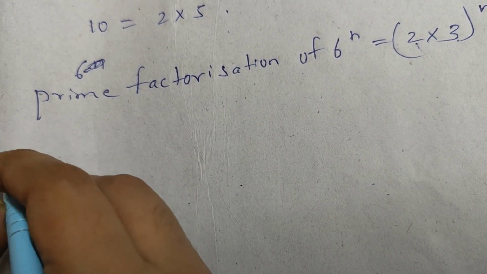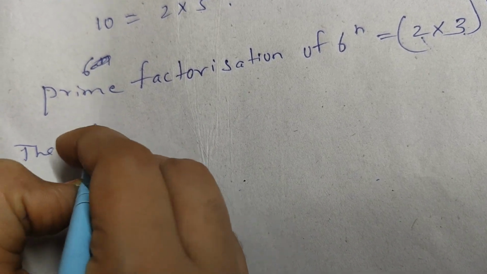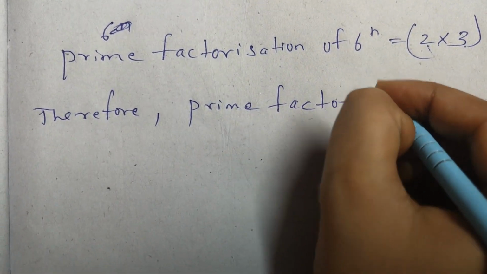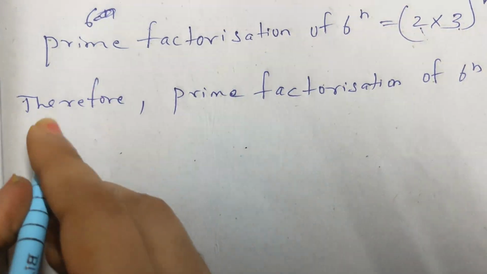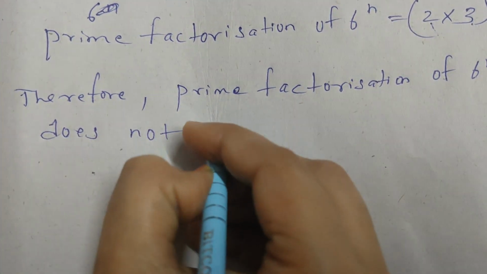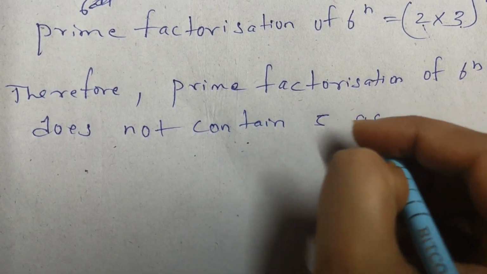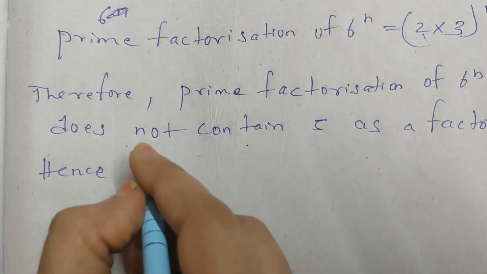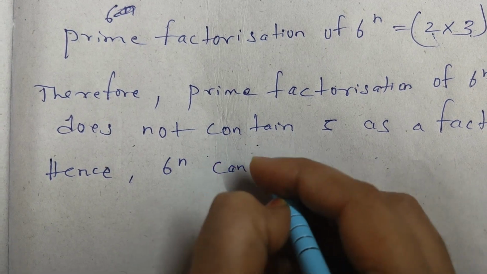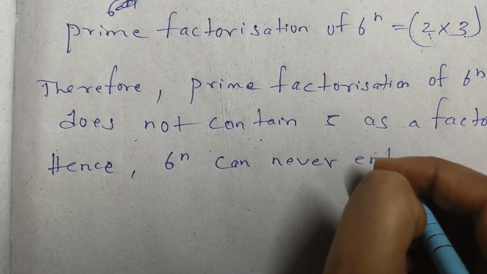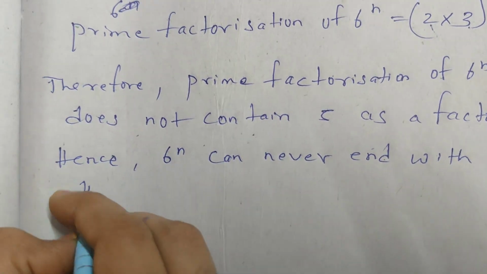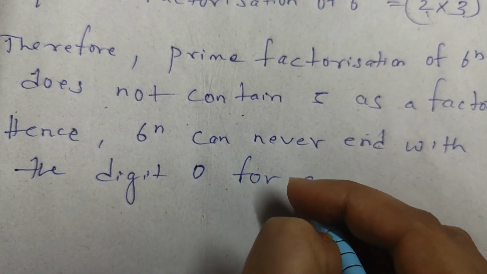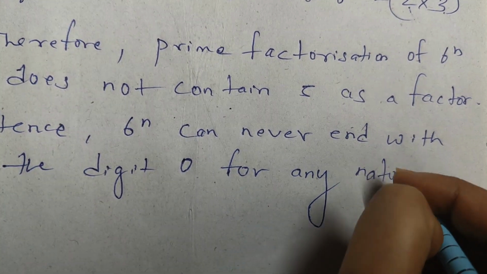So we write, therefore the prime factorization of 6 to the power n does not contain 5 as a factor, hence 6 to the power n can never end with the digit 0 for any natural number.